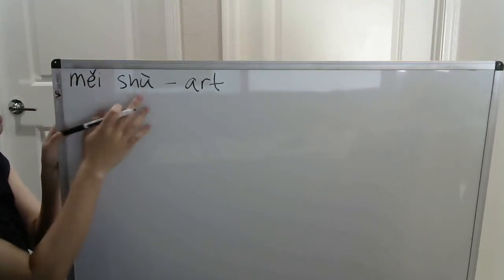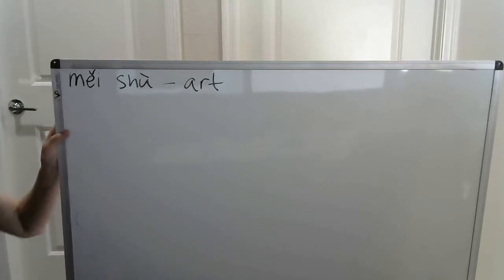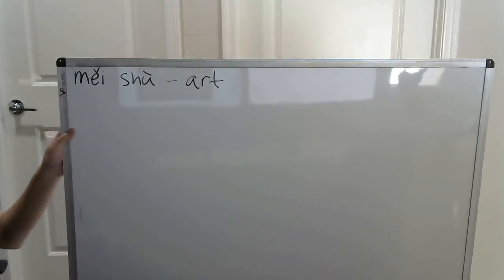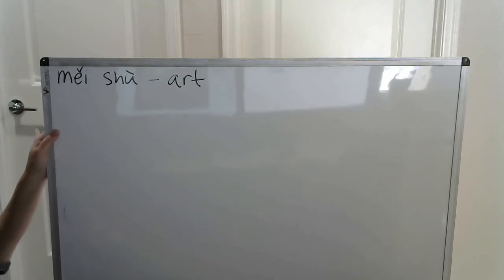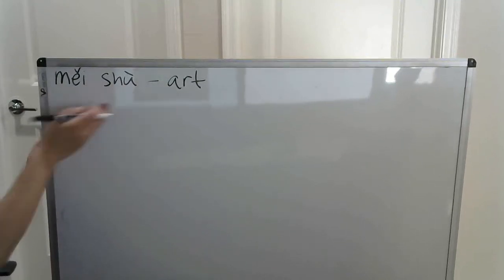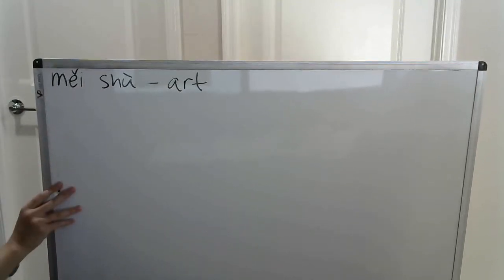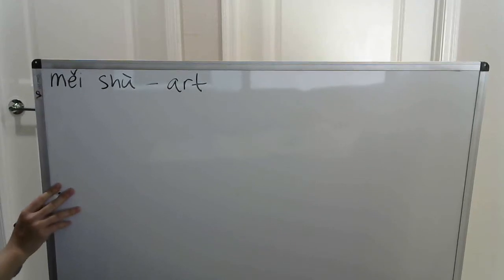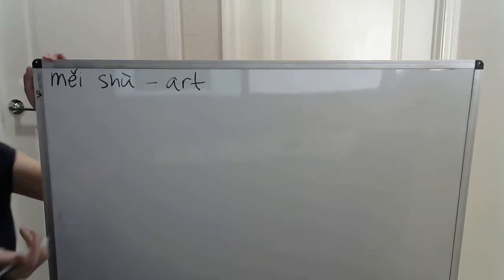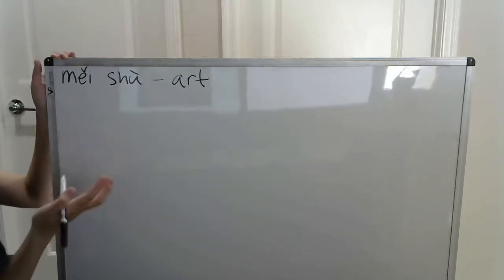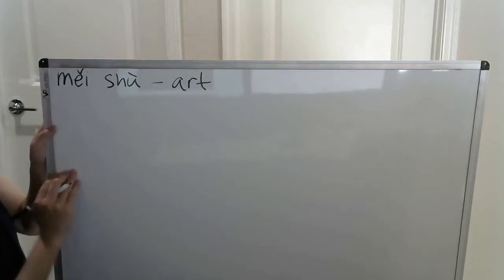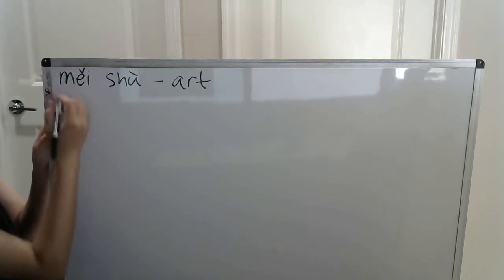And then 术 here is the character that's going to be used for crafts. So art in Chinese is literally something along the lines of crafts that are beautifully made. Beautiful crafts of any kind is art. All right, so we'll start with 美.